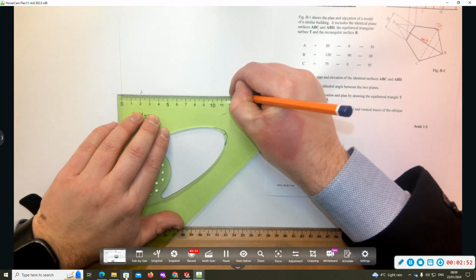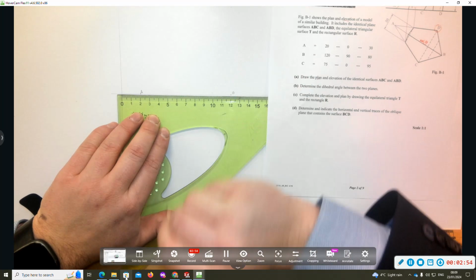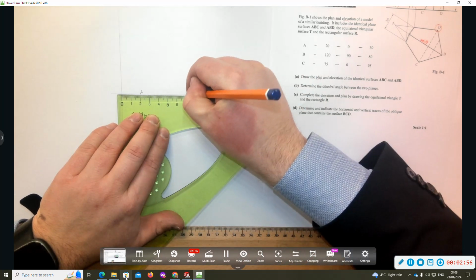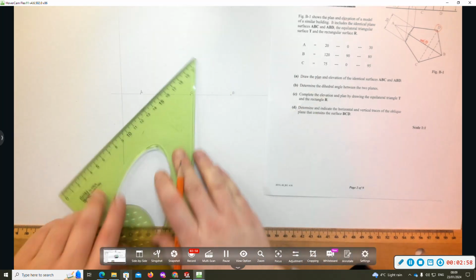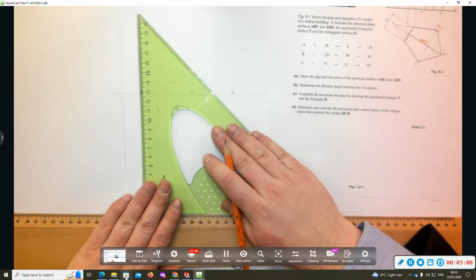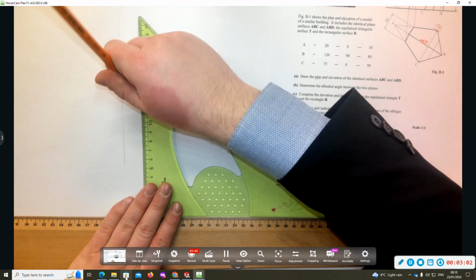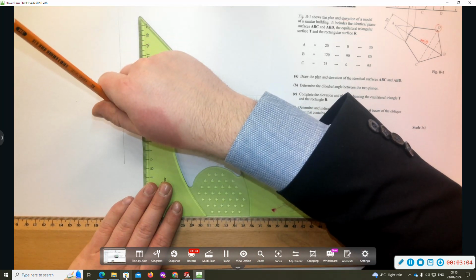So B is 120. Okay, our C coordinate is 75. Then our A coordinate is up 0, down 30. So up 0, down 30.